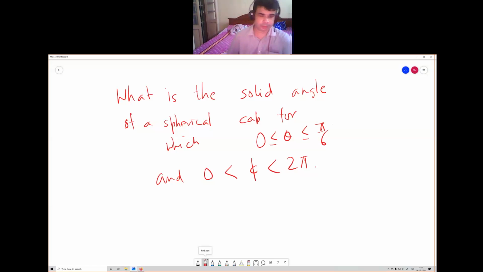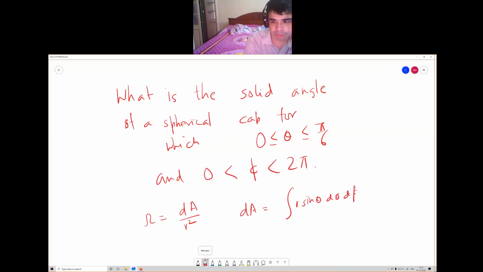Okay. So how to solve this problem? Omega is dA by r square. So what is dA? dA is r square sine theta d theta d phi. Theta varies from 0 to pi by 6. Phi varies from 0 to 2 pi.